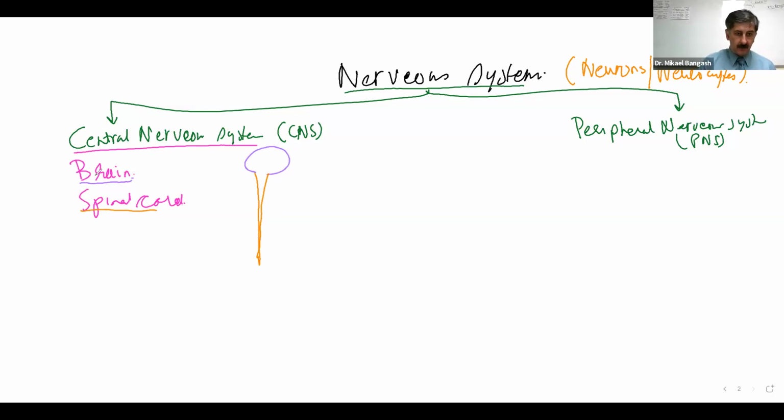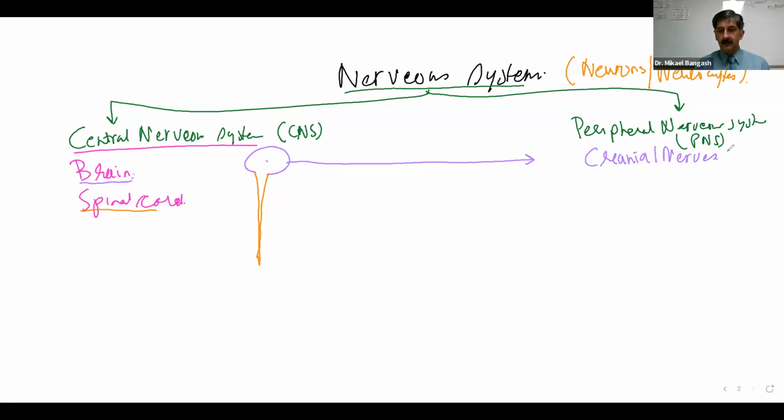Whereas, from the brain will arise and make up the peripheral nervous system what we call the cranial nerves. They are called the cranial nerves.